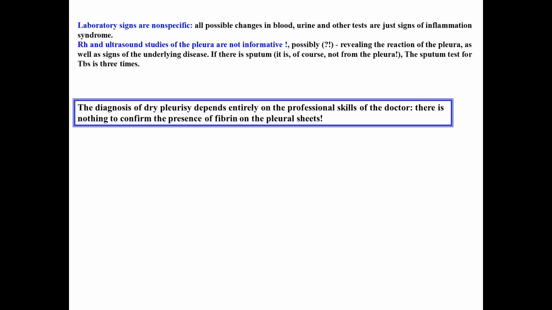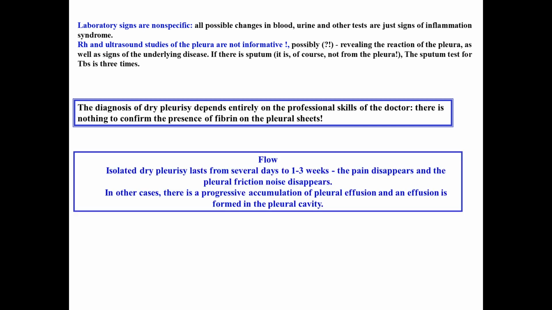Diagnosis of dry pleurisy depends entirely on the professional skills of a doctor. There is nothing to confirm the presence of fibrin on the pleural sheets. Only during diagnosis, the doctor should find the main diagnostic criterion. This is the pleural friction rub on auscultation.